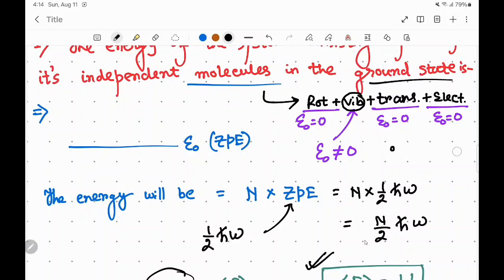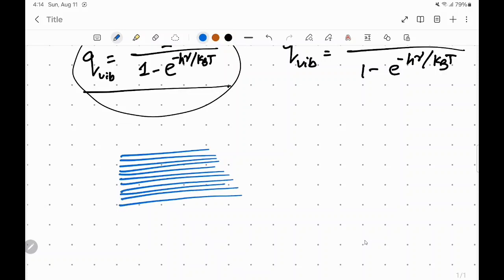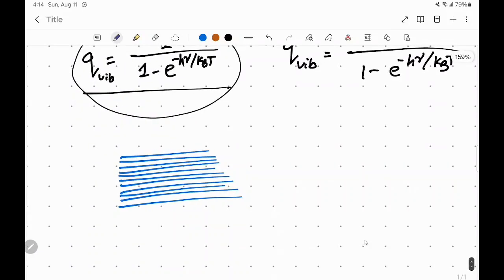You will see later, when you study spectroscopy, that the energy gap between the translational energy levels is very small. Let's say for the rotational or vibrational case, the energy gap will be like this approximately, not to scale.